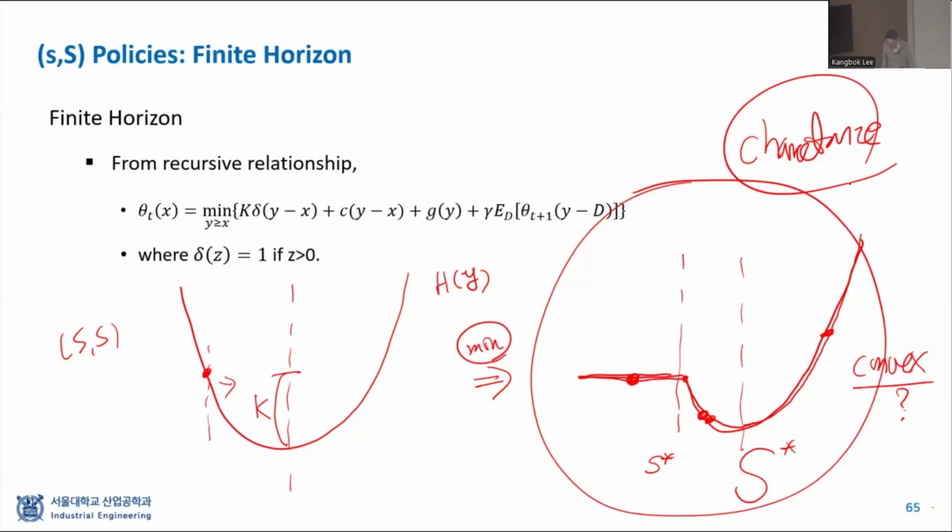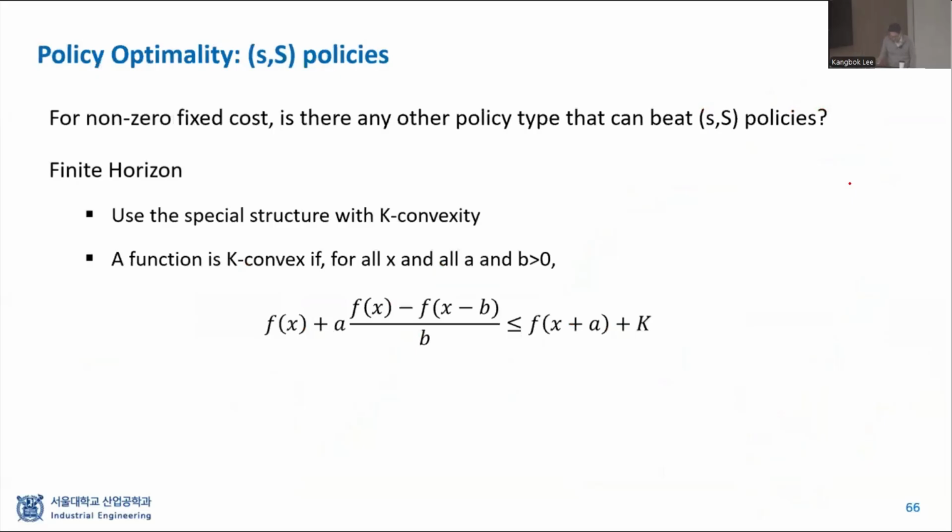So that's why we introduce K convexity as a special structure. Have you heard about the K convexity structure? Some of you probably not. As far as I know, K convexity is one of the few concepts that doesn't come from mathematics.